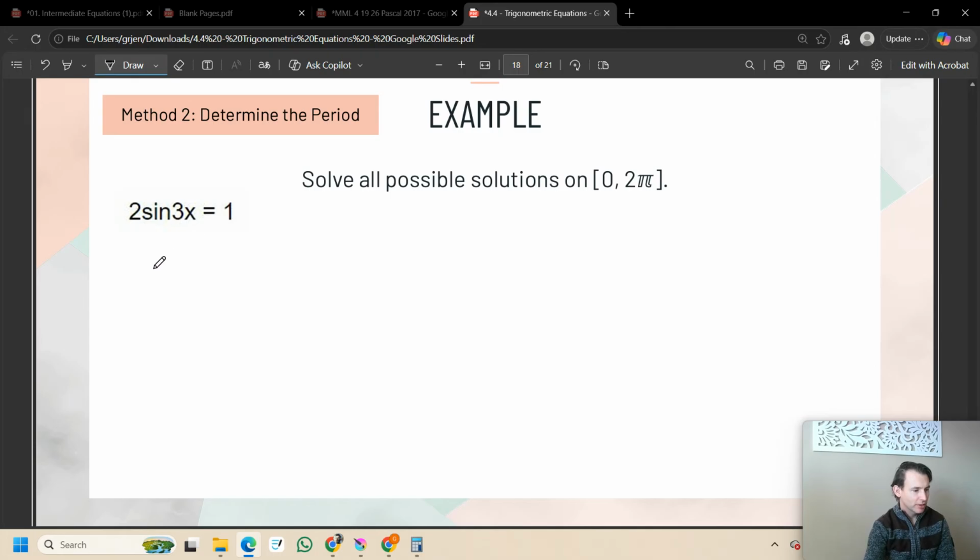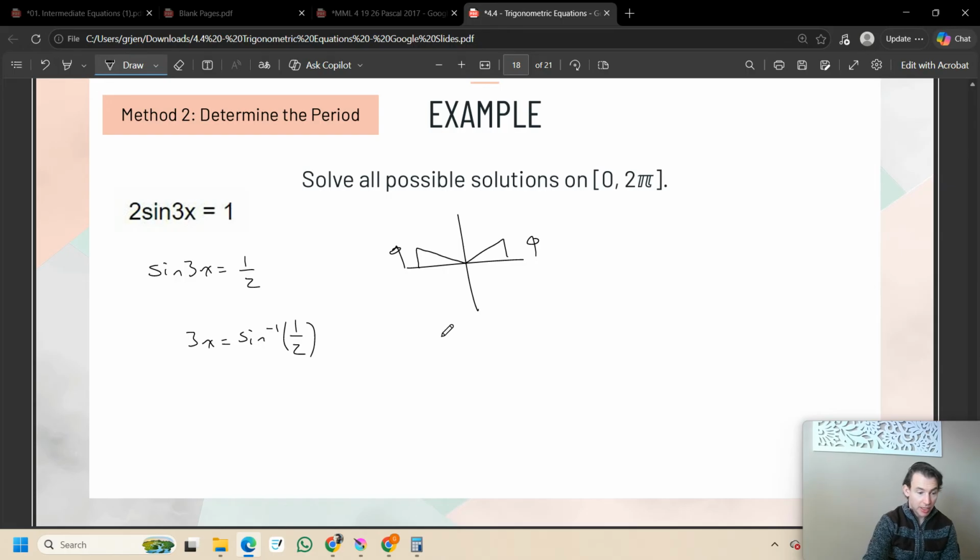So here, divide both sides by 2, so you get sine 3x equals 1/2. And then we can go 3x is equal to sine inverse 1/2. And then this looks better when it's in brackets. And then when is sine 1/2? Well, I know that sine is positive up here and up here. And the 1/2 is my pi by 6 triangle and my 5 pi by 6 triangle.